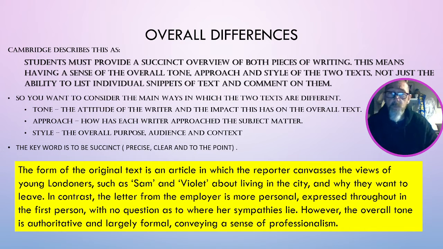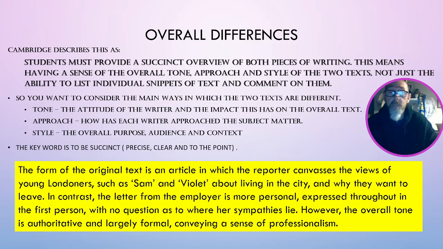The form of the original text is an article in which the reporter canvasses the views of young Londoners such as Sam and Violet about living in the city and why they want to leave. In contrast, and there are the connectives I've spoken about in other videos, you want those contrasting connectives, the letter from the employer is more personal, expressed throughout in the first person with no question as to where her sympathies lie.